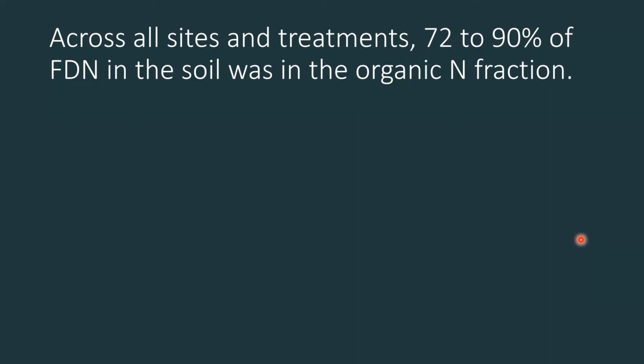So this could be that the nitrogen fertilizer was bound up by soil microbes, so they're using it to help to immobilize and break down any corn residue that was left in the fields. It may be being bound to soil organic matter, but it's primarily being bound up in that organic fraction.